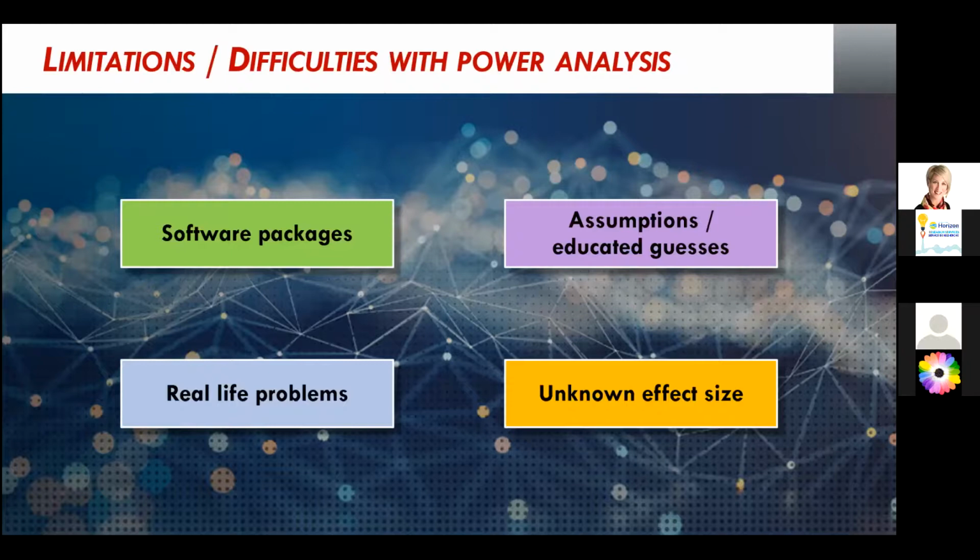There are also issues related to real life problems. Whenever you conduct a power analysis, it will generate a sample size given a best case scenario. But a lot of these best case scenario estimates do not reflect the complexities that a researcher comes across while doing certain projects. For example, participants drop out.